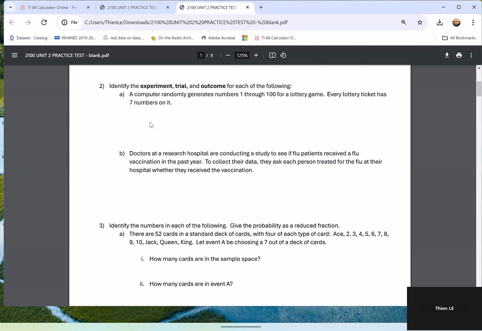Basically, it is a sequence of generating a number from 1 to 100, repeated 7 times. The trial is each time it runs, so one run is a trial, and the outcome is just the number. Say the first time the computer generates a number, it may land on 1, maybe 99, anything between 1 and 100. The second time it does it again and gives you a number. The third time it does it again and gives you a number.